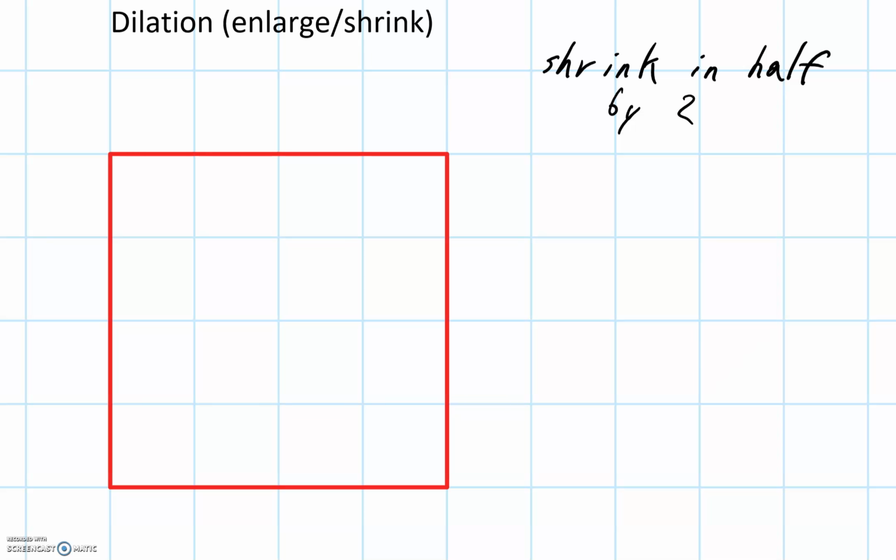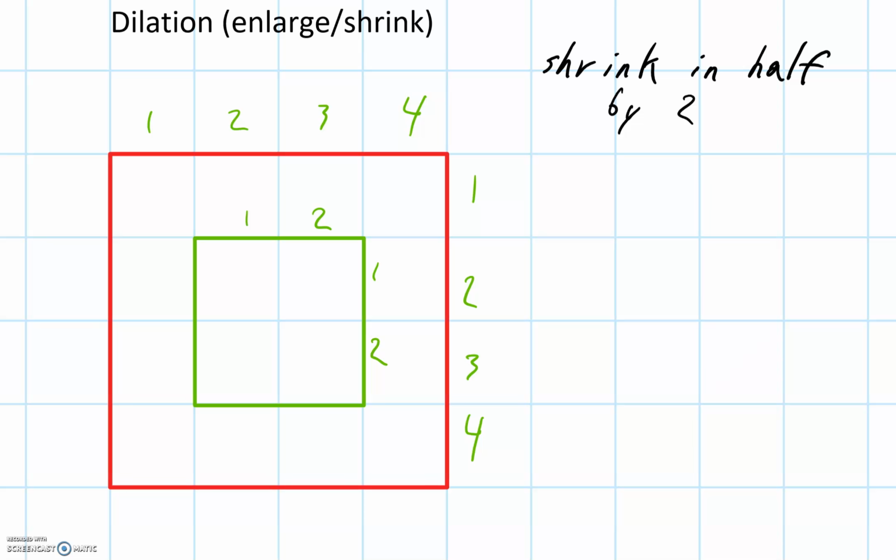So what's going to happen when I draw this, all the sides are going to be half the size of before. So hopefully this works well. There you go. So we before had 1, 2, 3, 4 sides. Now we only have 1, 2. And same thing with this direction. 1, 2, 3, 4. And now we only have 1, 2. And so we have shrunk it in half.